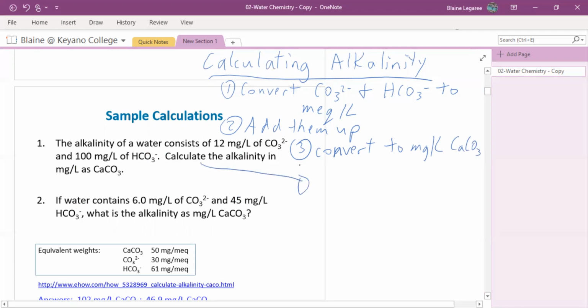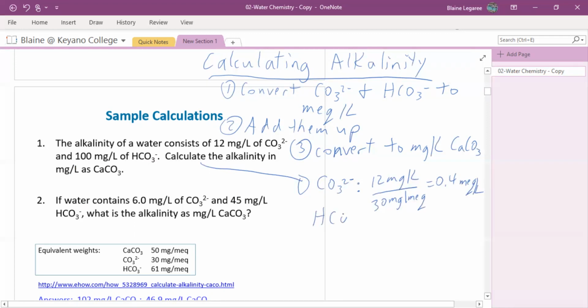So let's do this for the first one. For step number 1, we'll do this for carbonate, CO3 2-. We take our 12 milligrams per liter and divide it by the equivalent weight, which is 30, I believe. Yeah, 30 milligrams per milliequivalent. And that is 0.4 milliequivalent per liter.